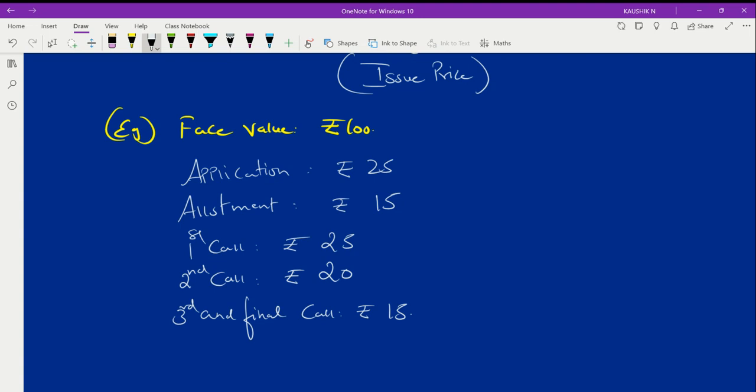So if the face value of your share is divided under categories like application, allotment and calls, then it comes under the category of installments. One important thing to understand now is about the calls. Minimum one call, maximum a company can make three calls.